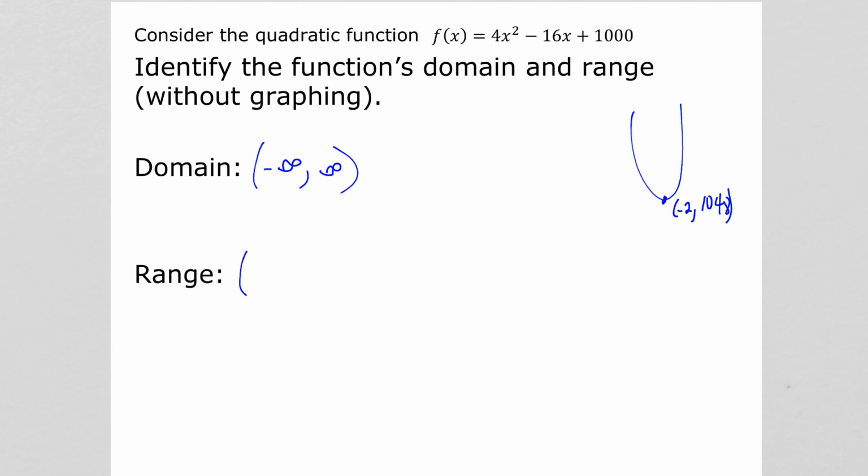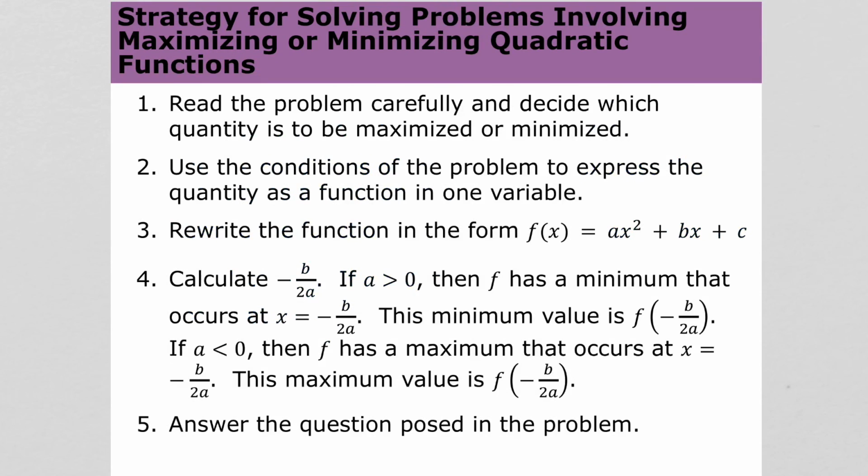So the range is starting at 1,048 and going to infinity. And again, this is something else you can read through for maximizing and minimizing quadratic functions. We've already looked at some examples.